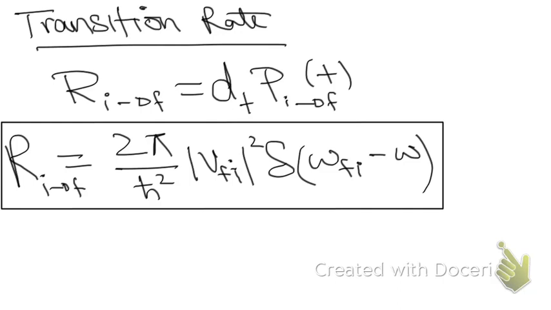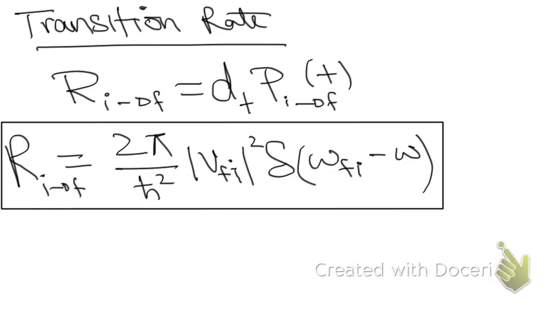It requires that the quantum of energy causing this transition, let's say that it's a photon, should match the energy difference between the two states.